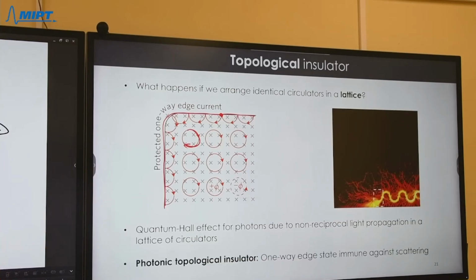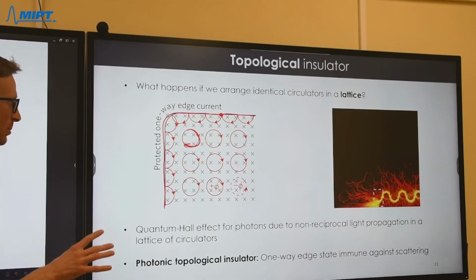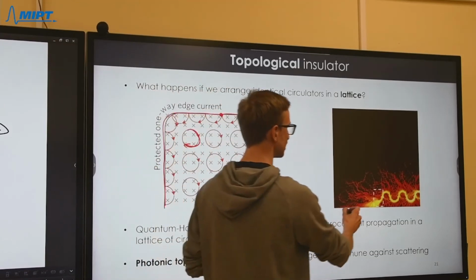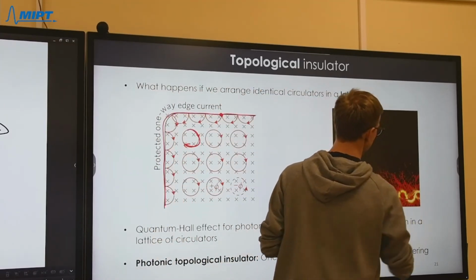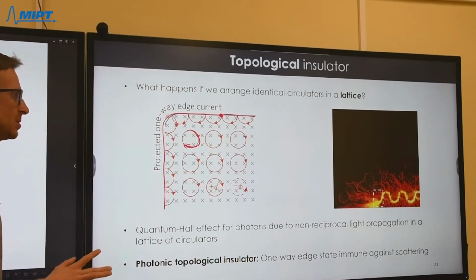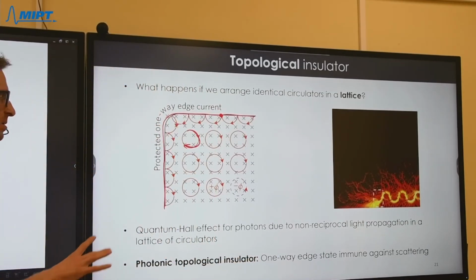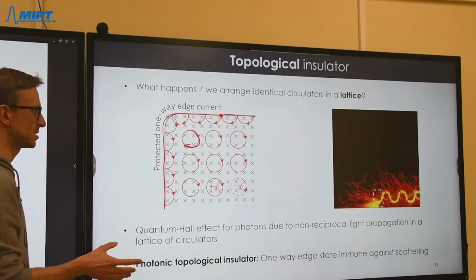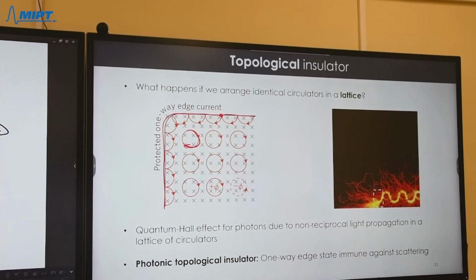So what we have is a photonic system represented by a lattice of non-reciprocal elements, optical circulators, that enable one-directional topologically protected transport of electromagnetic energy along an edge. That creates a one-way propagating edge state immune against scattering by disorder and imperfections. And such a system is called a photonic topological insulator.